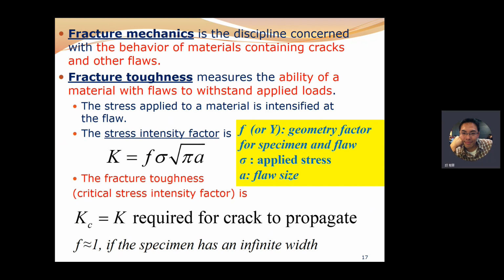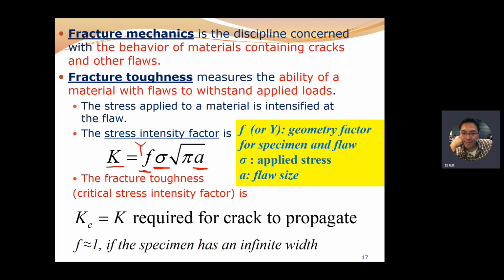Okay, so we use K to define the stress intensity factor. K equals Y times sigma times the square root of pi a, where Y, or F in some references, is a geometric factor, sigma is the applied stress, and a is the flaw or crack size.